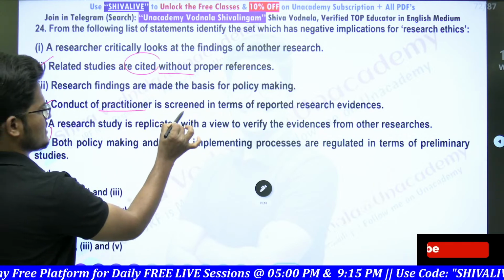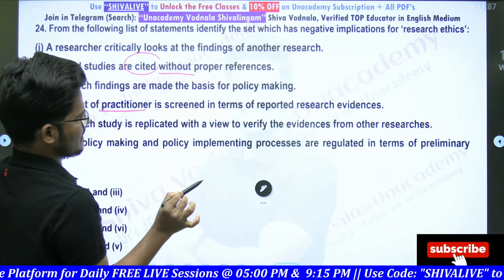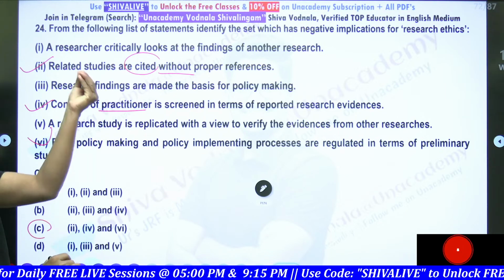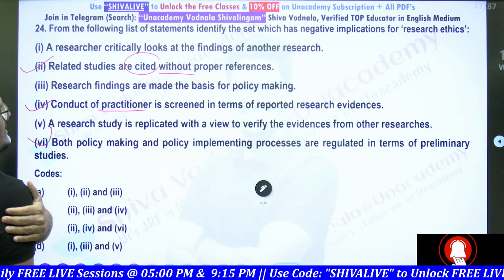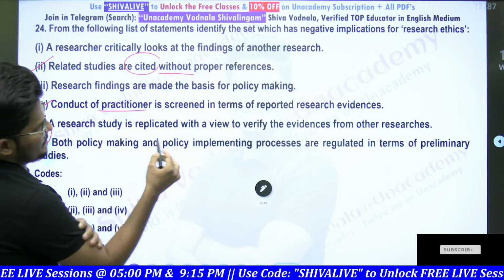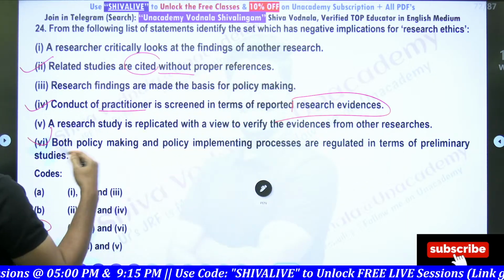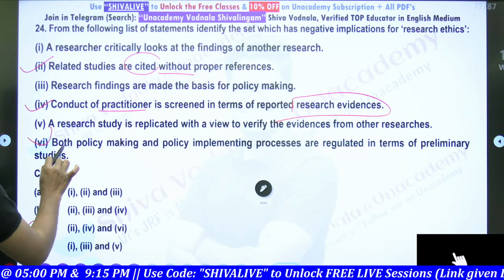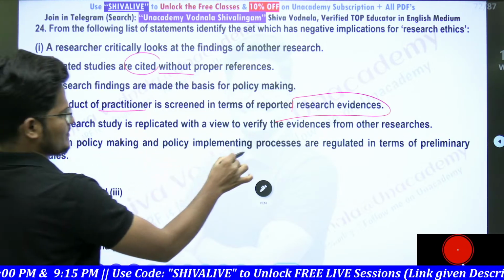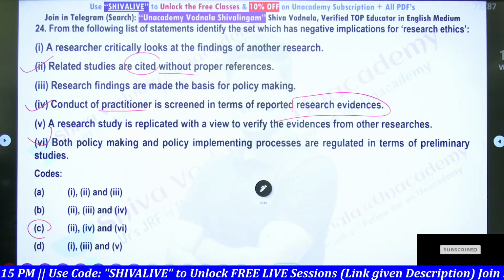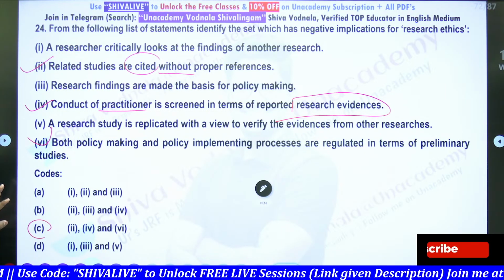Conduct a practitioner screen in terms of reported research evidence, meaning whatever data you have taken from a particular participant, they have screened for the particular evidence that you are putting in the research. So practical screening must have been conducted. Both policy making and policy implementation processes are regulated in terms of preliminary studies.